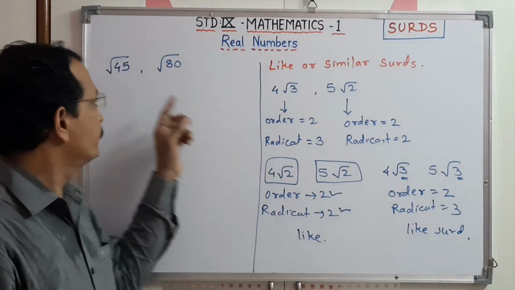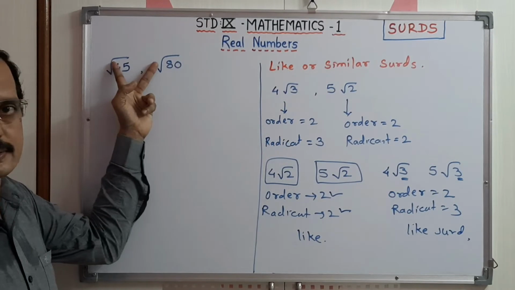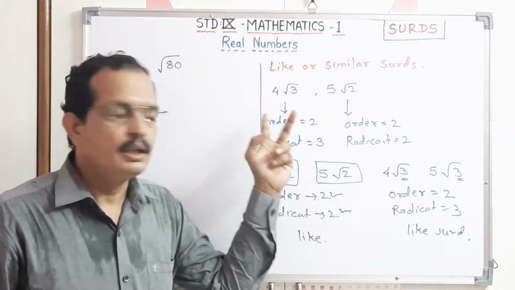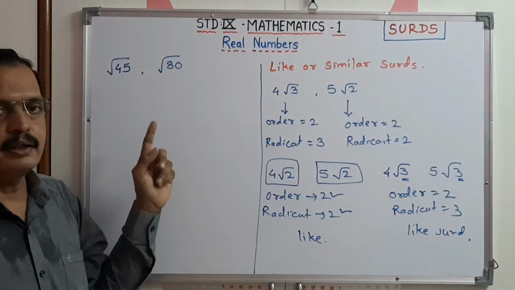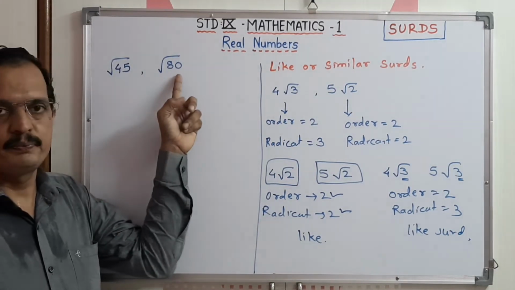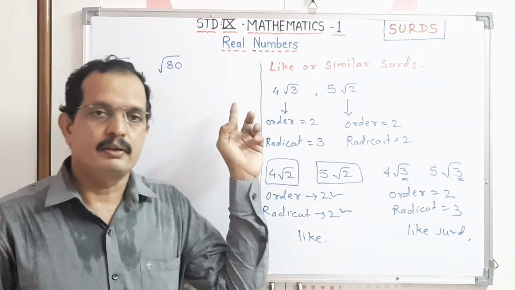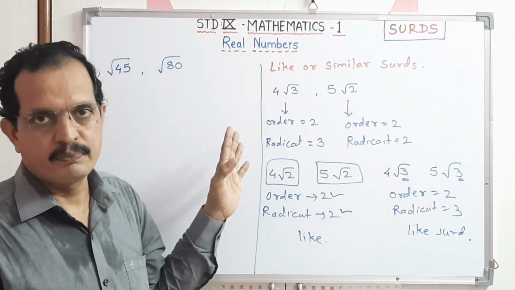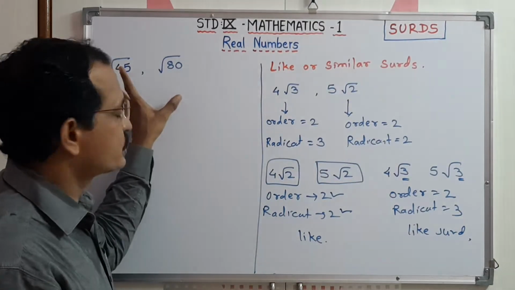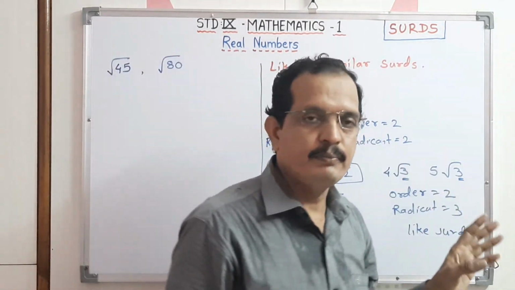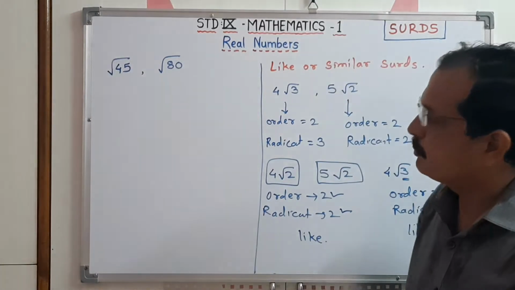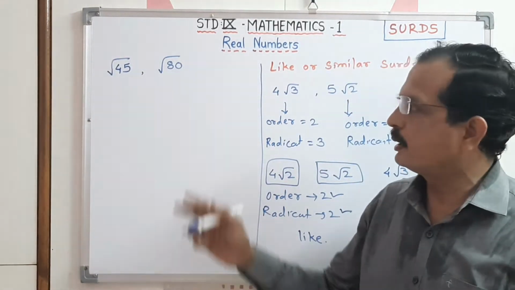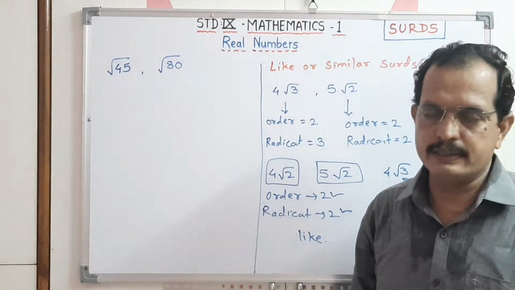The order of this surd is 2, so the first condition is followed. Second condition, we have to see the radicand. The radicand is not the same. The order is the same, but the radicands are not the same. That means these are not like surds.